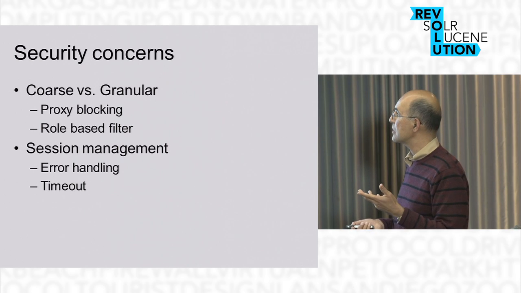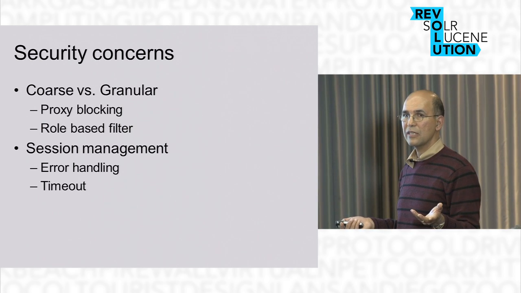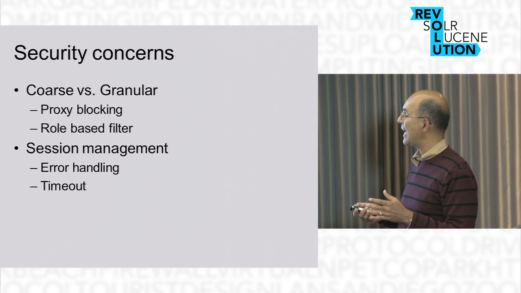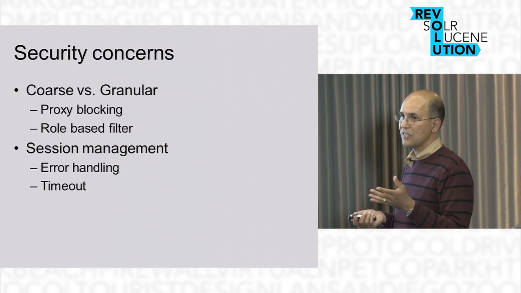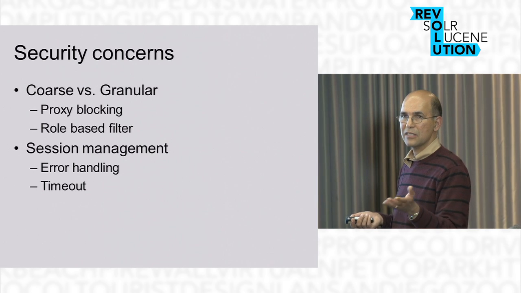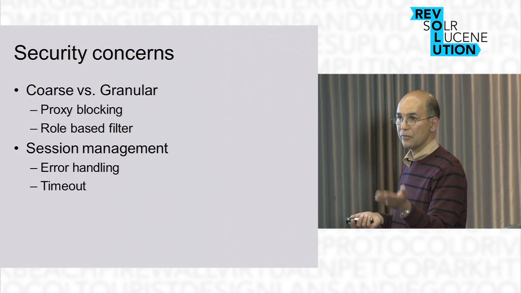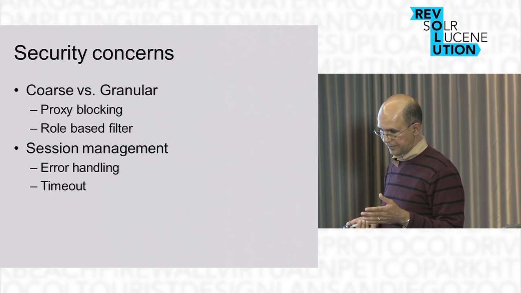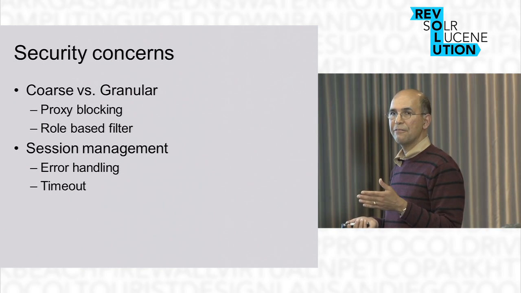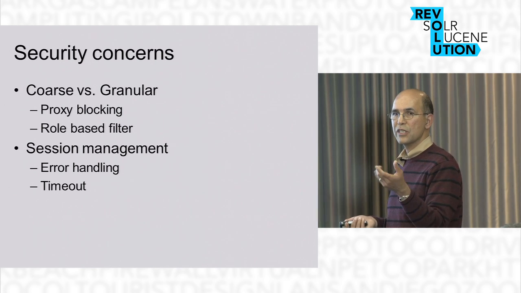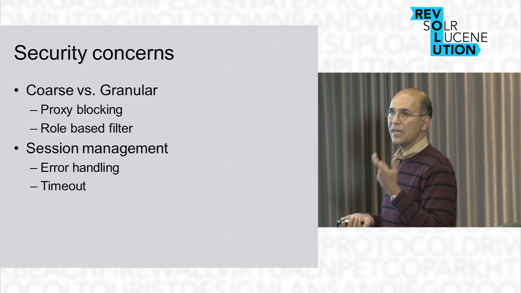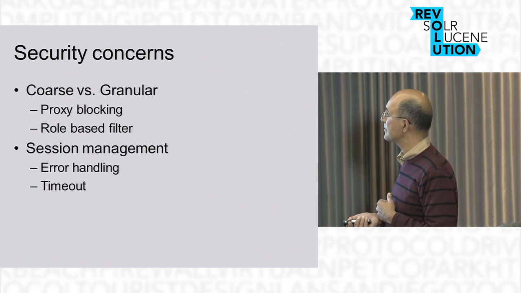For employees, we wanted to expose certain data, whereas for customers, we wanted to limit them to certain things. And how do we handle that? It's not something that AJAX-Solr can handle. It's not on the browser side. We have to do it on the back end. So we implemented a filter on the server which looked at the request, and based on the role the user has, we allowed it or not.